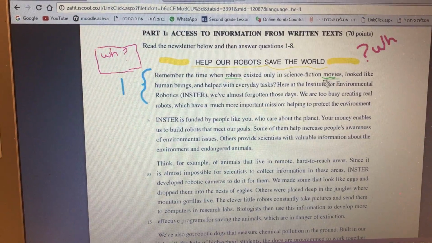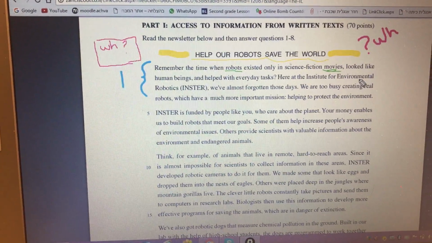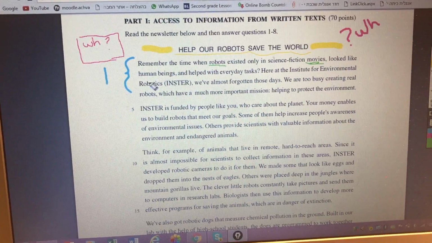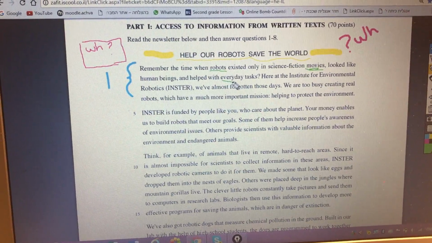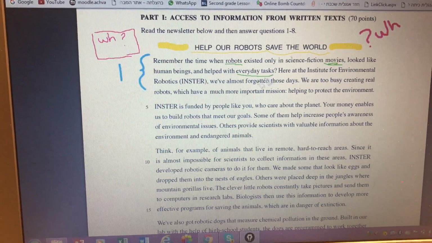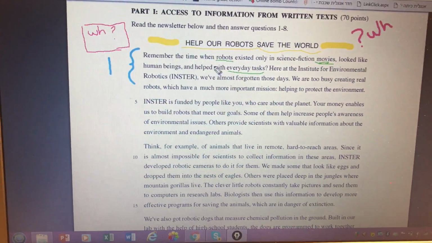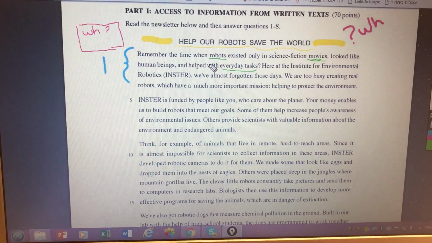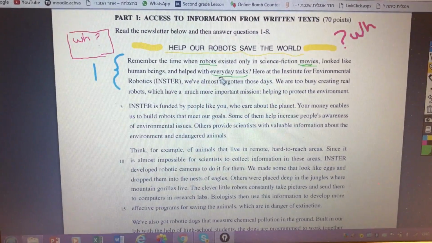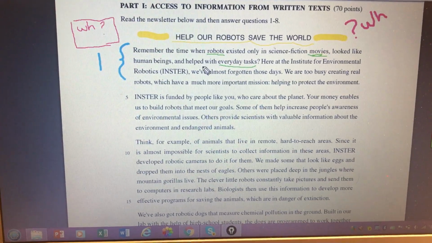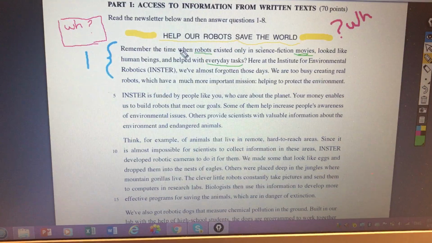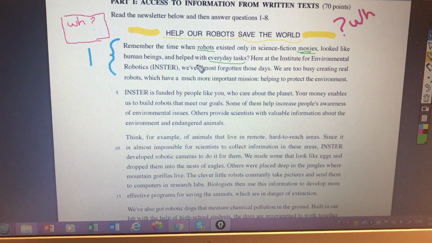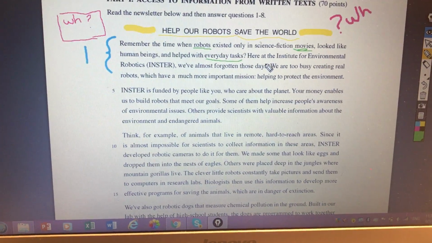So robots only existed in movies, right? They looked like human beings and helped with everyday tasks, right? What kind of tasks? There are different tasks. Everybody has their own. We're not sure yet what they're saying, but we do understand that robots only existed in movies, and they acted like human beings, which helped with everyday tasks.